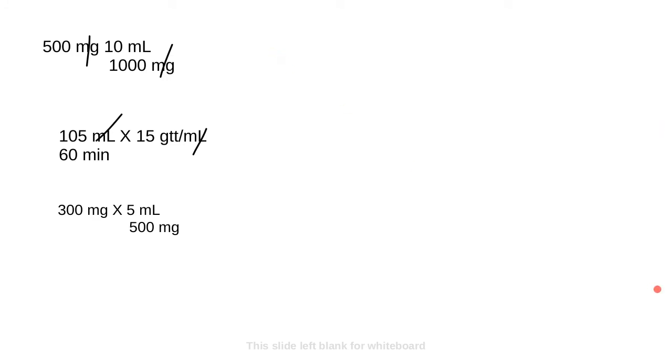So I have 500 milliliters of LR, lactated Ringer's, plus 5 ml of clindamycin, which gives me a total volume of 505 milliliters. I told you that I want this going over 6 hours.